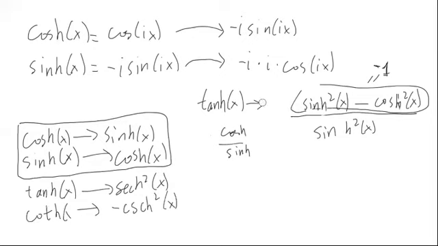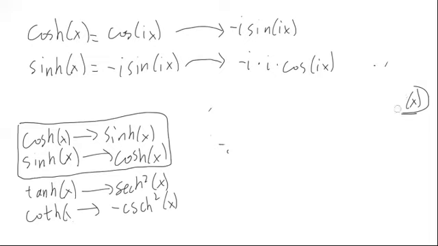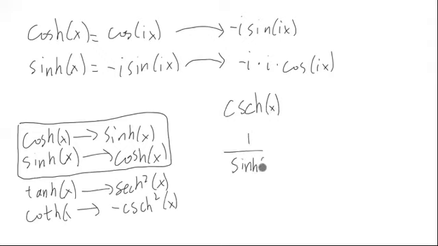Next, we did cosh, sinh, tanh, and cotanh. Why don't we do cosecant right now? So cosecant is like 1 over sinh. We could think of a chain rule effect, thinking of this as sinh to the -1.